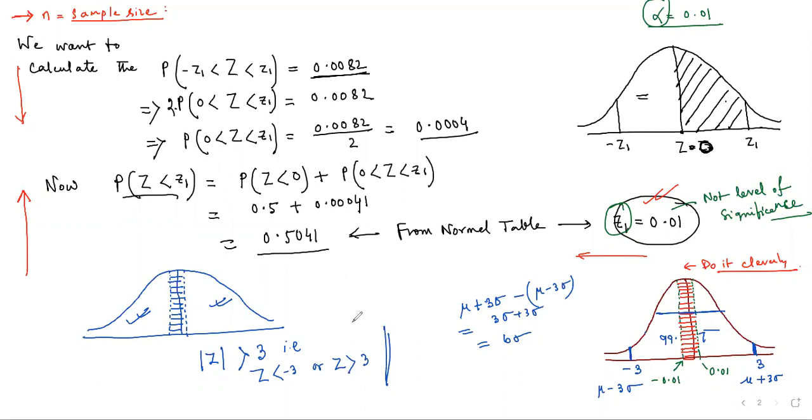But if the Z value is falling between -3 and +3, then we accept the null hypothesis for the time being, and we say that further analysis at different levels of significance is very important. So that's why we do this kind of thing. This is the main mathematics behind it.